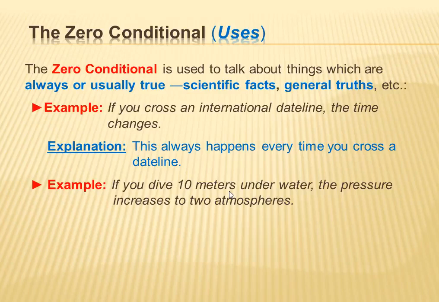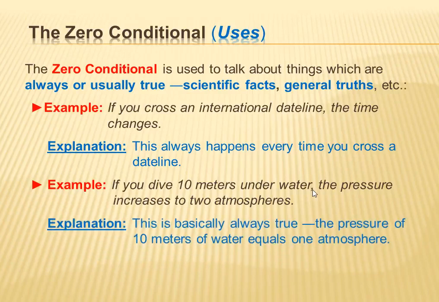But you have to know that if you use the zero conditional, you have to use if plus present simple, and in the main clause they have present simple. One more. This is basically always true.